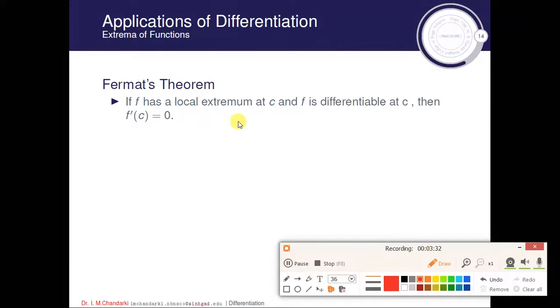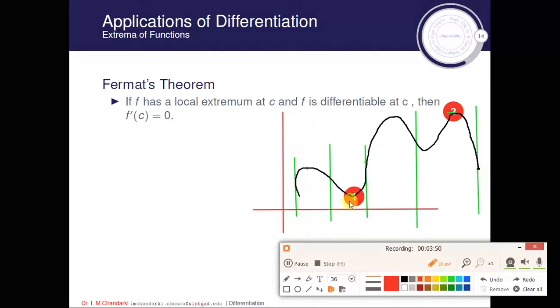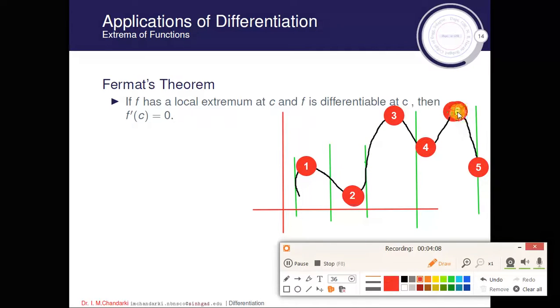Now what is Fermat's theorem saying? If f has a local extremum, that is some maxima and some minima at c, and if f is differentiable at c, then definitely f dash of c should be equal to 0. If you look at the local extrema, let me number them: point number 1, point number 2, point number 3, point number 4, point number 5, 6.